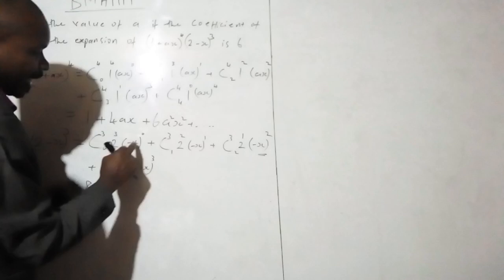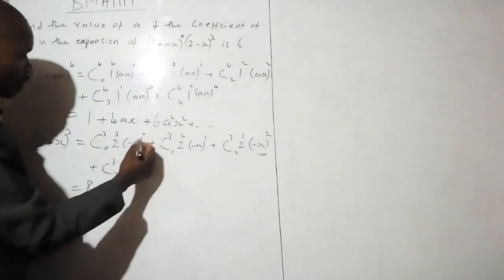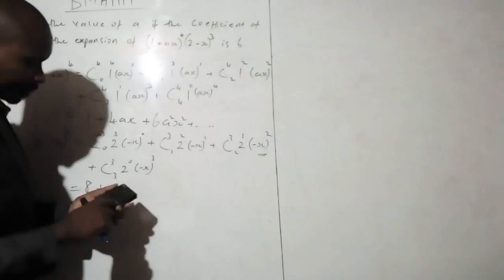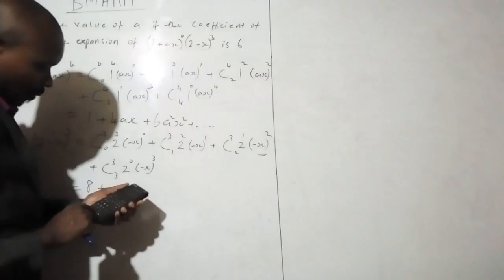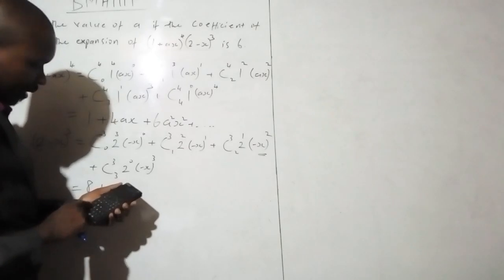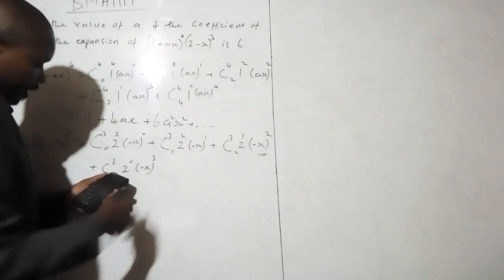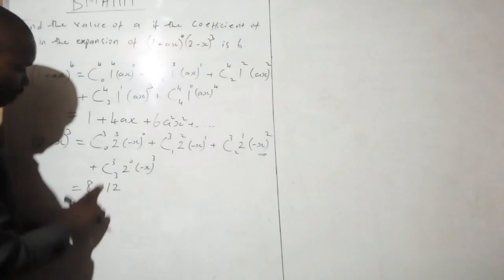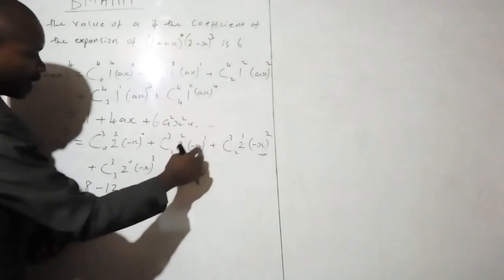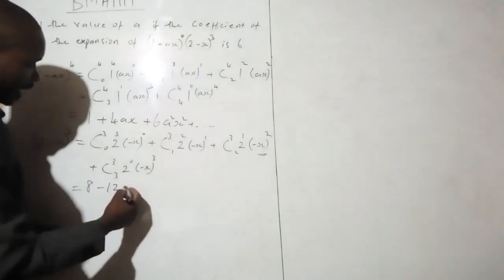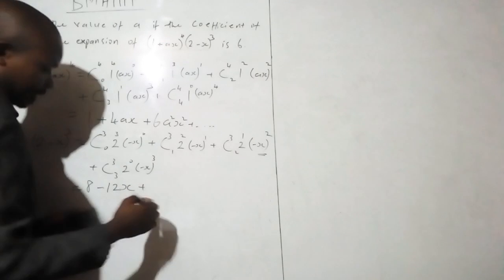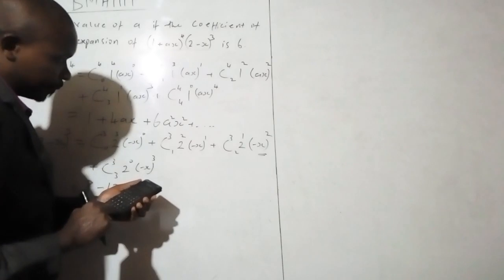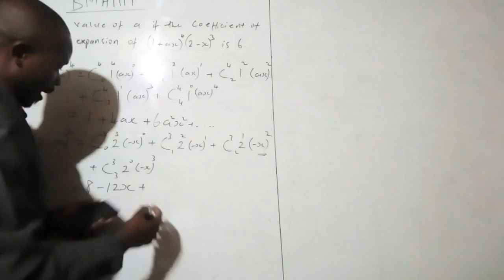Plus 3C1 times 4, because 2 squared is 4, to get 12, but with a negative, so negative 12x. Then plus 3C2 times 2, which is 6x squared, plus and so on.